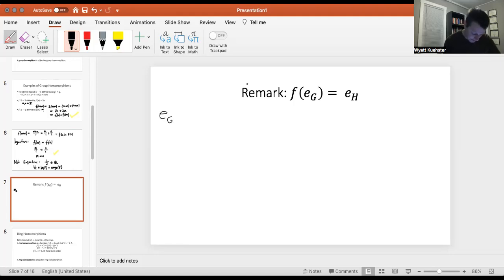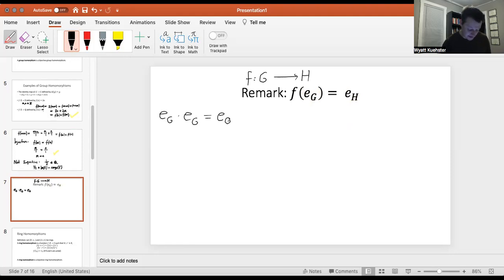By the way, let me remind you, f was a map from G to H. And by e_G, I mean the identity in the group G, and by e_H, I mean the identity in the group H. Because e_G is an identity, if I multiply it by itself, I should get itself.